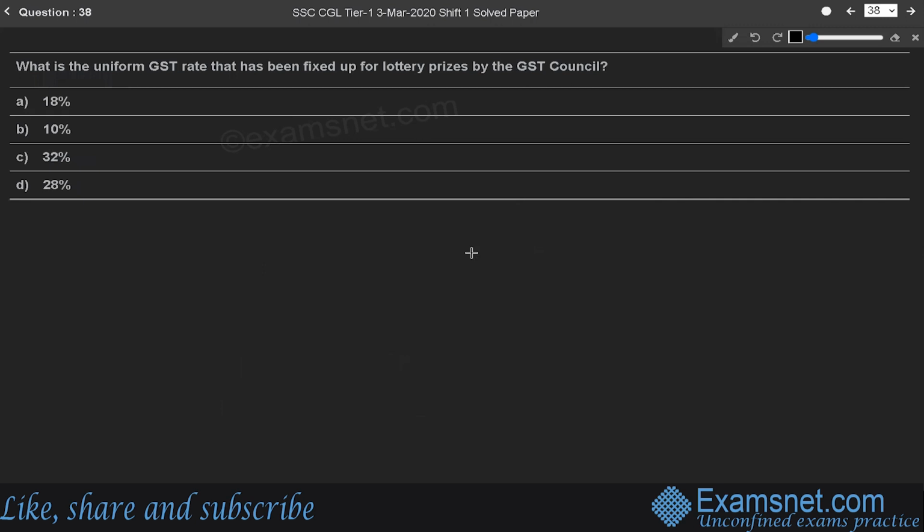So moving on to the next question, which is what is the uniform GST rate that has been fixed for the lottery prizes by the GST Council? Options are 18%, 10%, 32%, and 28%. So do you know what GST is? GST means goods and services tax.